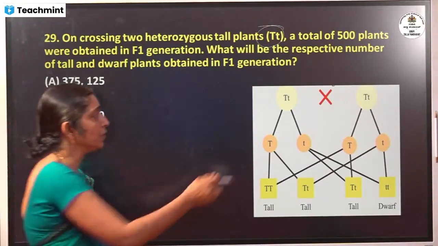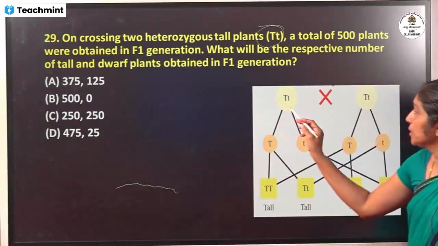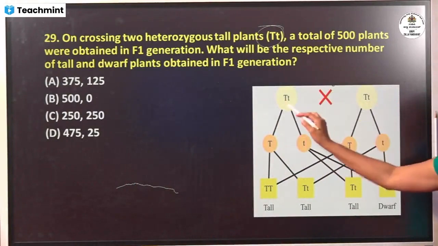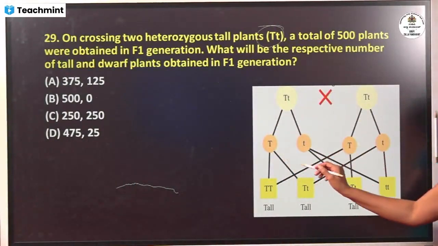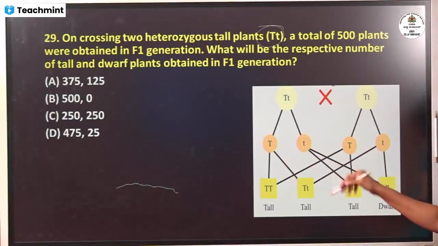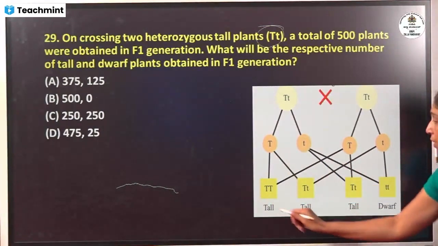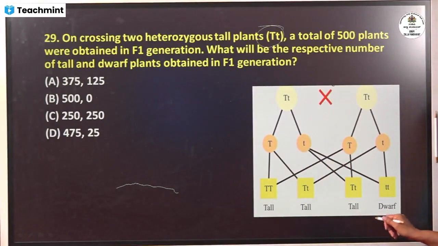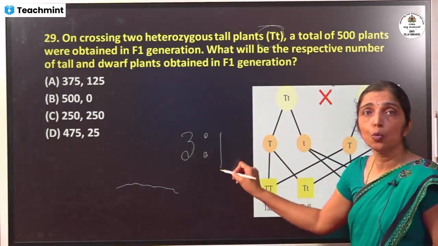So here we have worked out the cross. These parents will give two different types of gametes, and it is a chance factor, as you know, and when these gametes fuse, we get the plants in this order. We are going to get 3 tall plants and 1 dwarf plant, a 3:1 ratio.